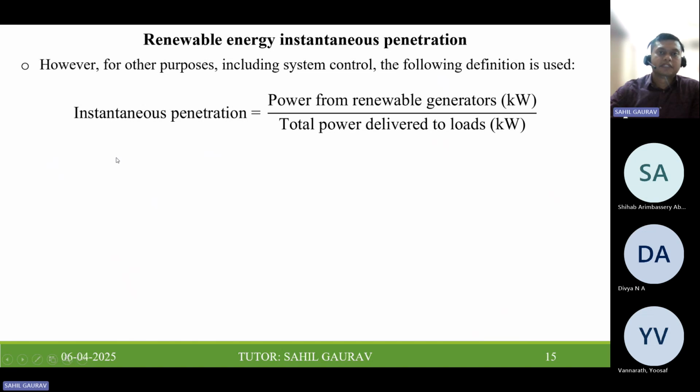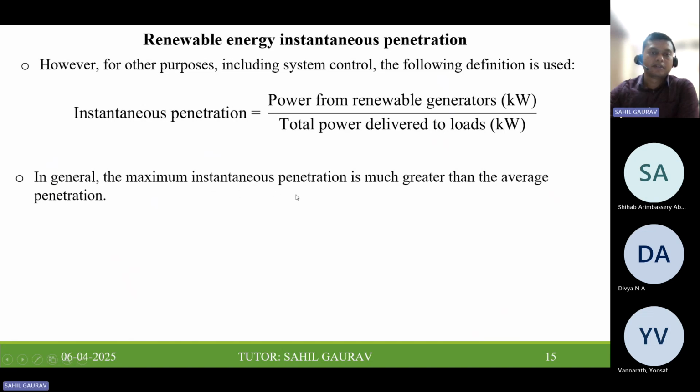And next we have instantaneous penetration. Instantaneous penetration is basically the power term. In the previous expression, average penetration is with respect to energy, while instantaneous penetration refers to power. Instantaneous penetration is the ratio of power from the renewable generators upon total power delivered to the loads.